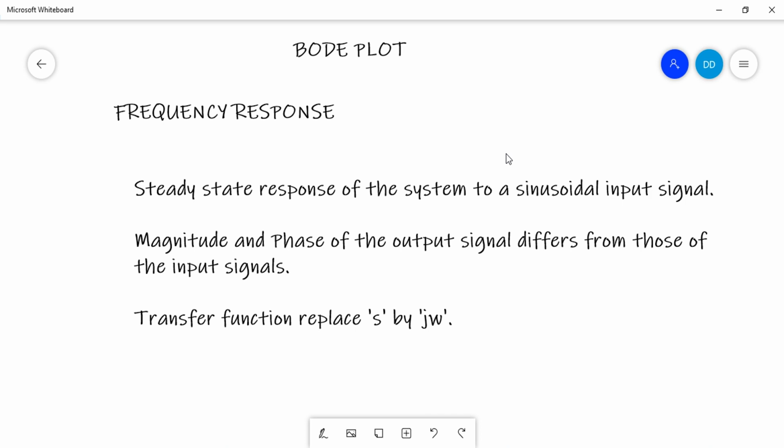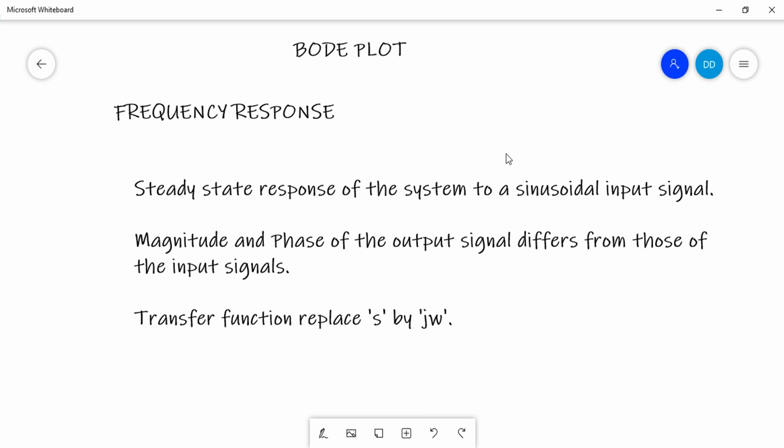So the transfer function, which describes the steady state behavior of the system, is obtained by replacing s by j omega. So the transfer function will then become a function of the complex variable j omega, which will have both magnitude as well as phase angle.